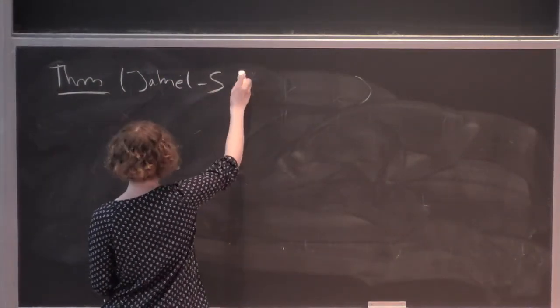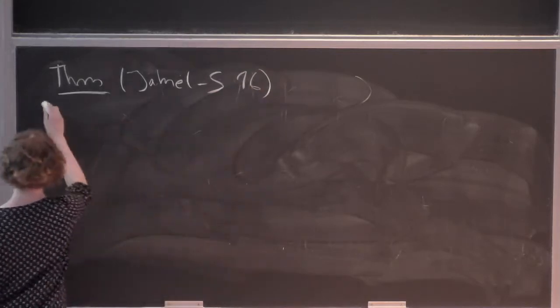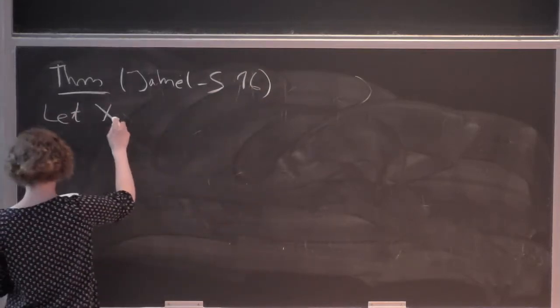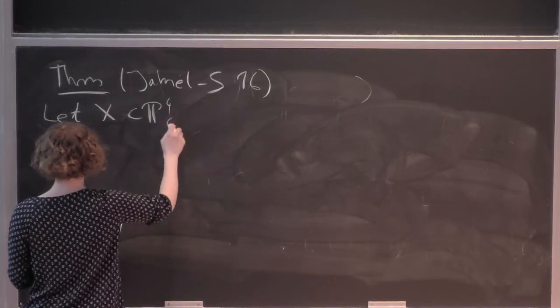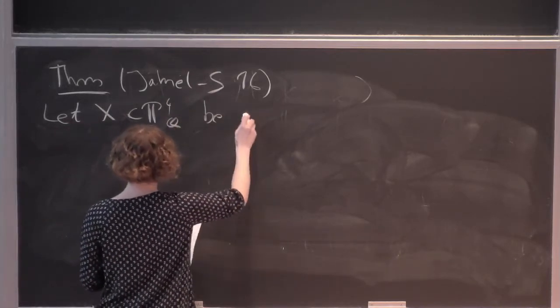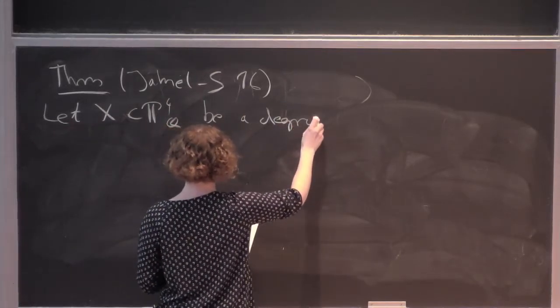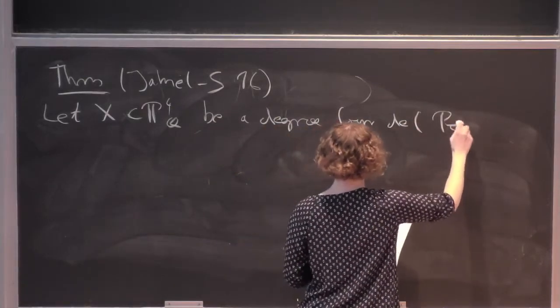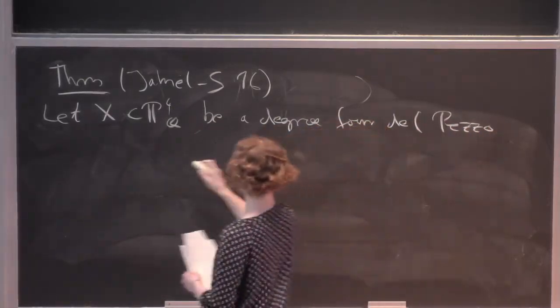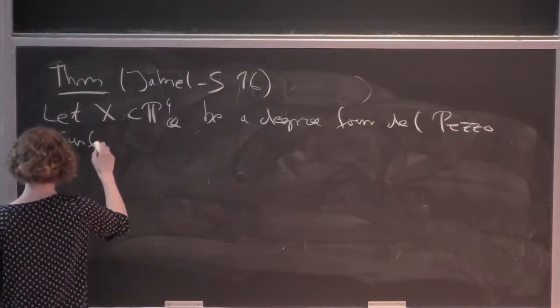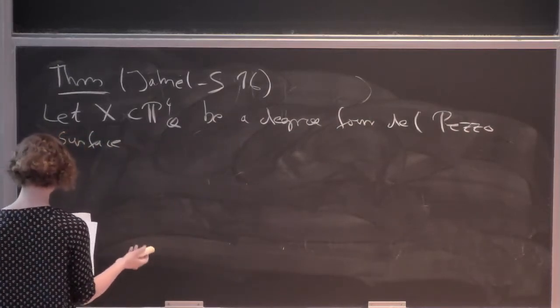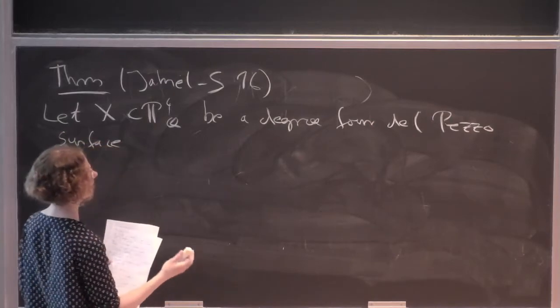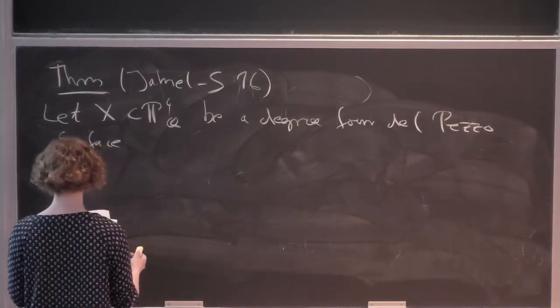And you find that there are the following possibilities for what can happen. So let's say X be a degree 4 del Pezzo surface, so the intersection of two such quadratic equations. Additionally, assume that the intersection is smooth of codimension 2.